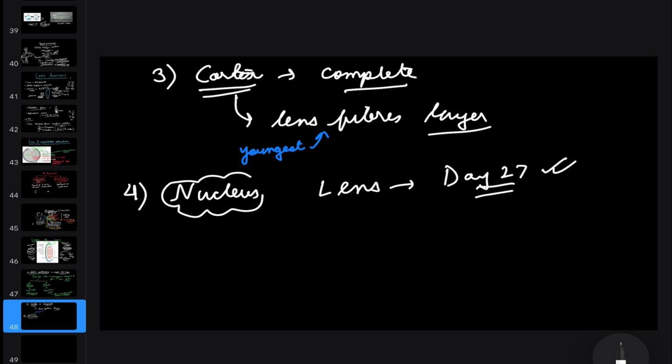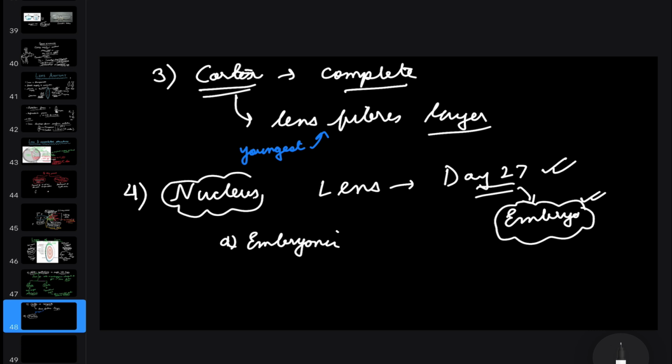So at day 27, what exactly is the name of the product of conception? It is the embryo. So when we are an embryo, that is when our lens fibers start forming. The first kind of lens fibers that are formed are named the embryonic lens fibers, or the embryonic fibers.